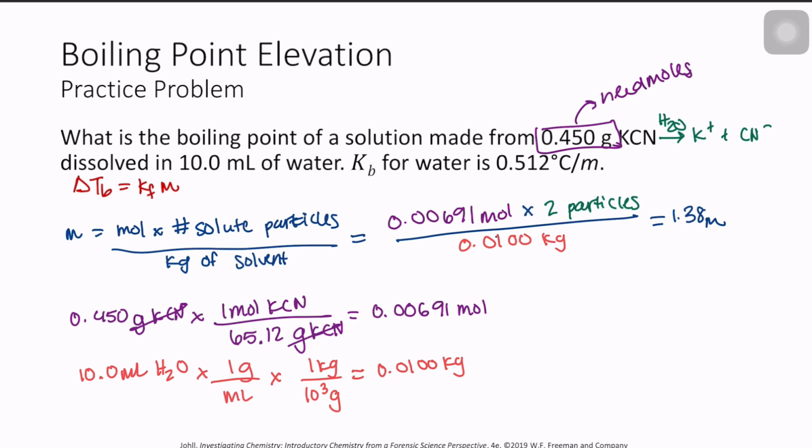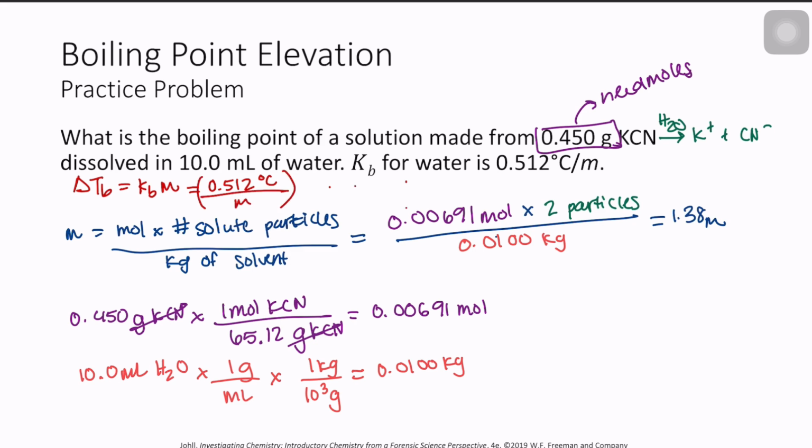Now I can take that number and plug it into my delta TB. So KF, oh, sorry, this will make more sense if we put KB because we were talking about the boiling point elevation and not the freezing point depression. So KB, the constant is 0.512, and my units are degrees Celsius per molal.